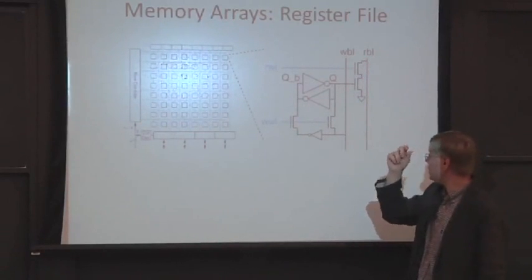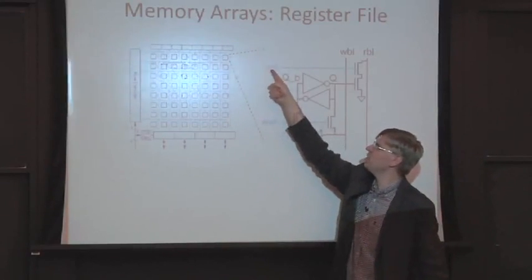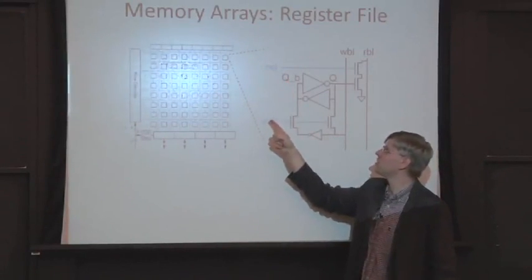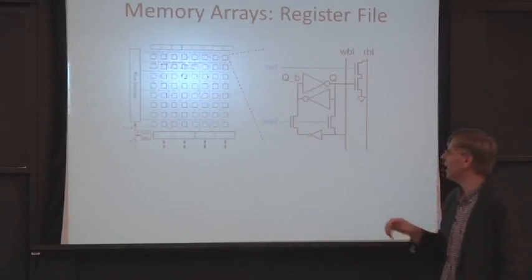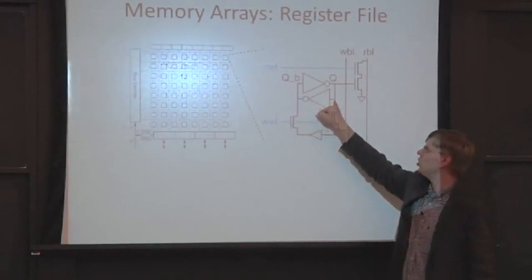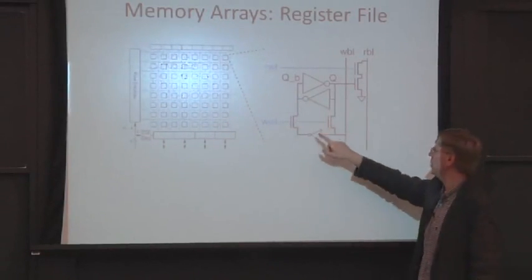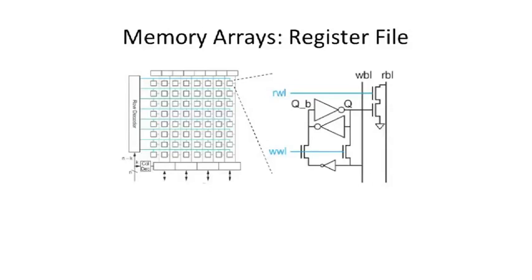And if we want to do a write, we're going to turn on not the read word line, RWL here, but the write word line, WWL. And what that's going to do is connect both the Q and Q bar to the write bit line. And now we get into some analog magic here.